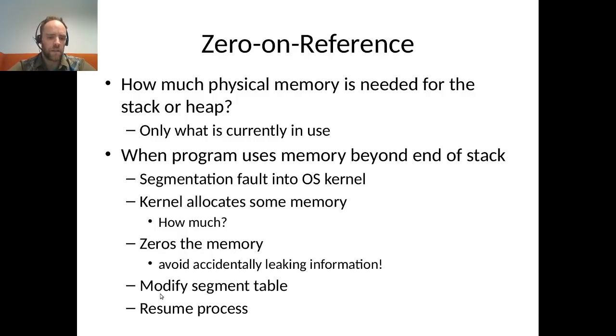We just need to then modify the segment table, to update the position of the new or updated memory segment, and then we resume the process. So the process doesn't see that anything really odd has happened, but underneath the kernel has done a lot of work to reallocate some memory for that process due to an increased need in memory.